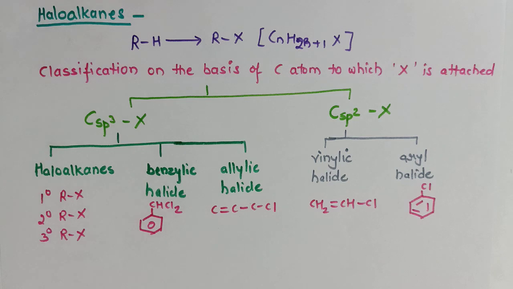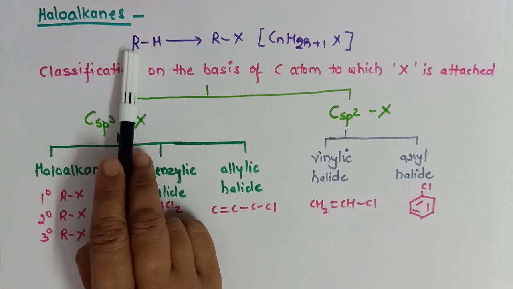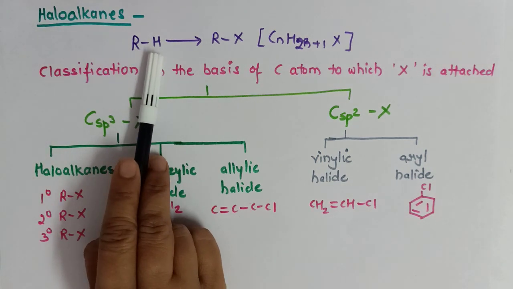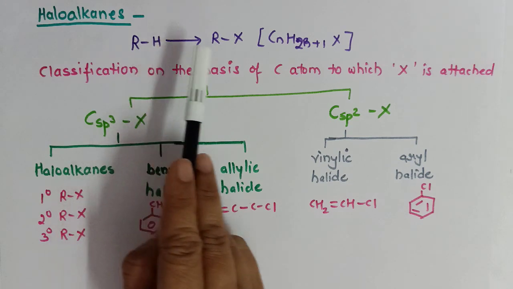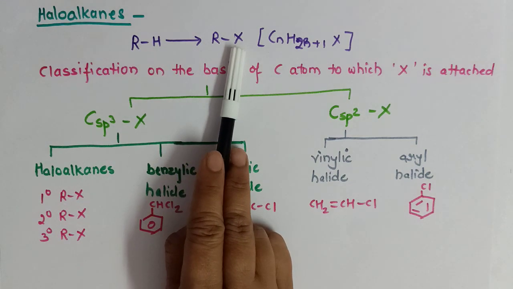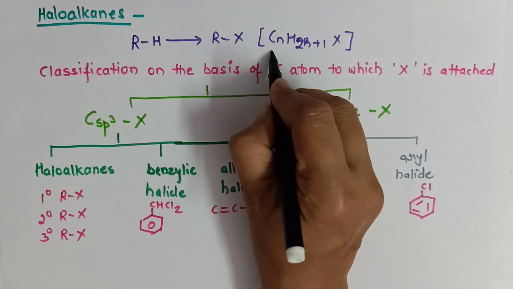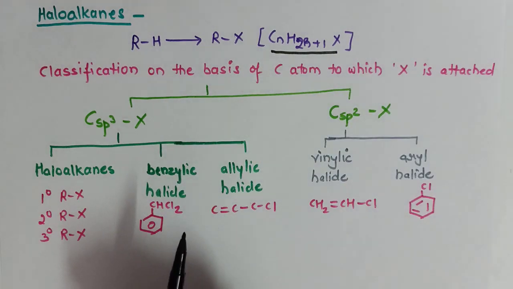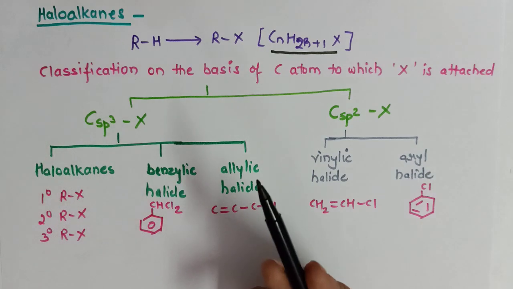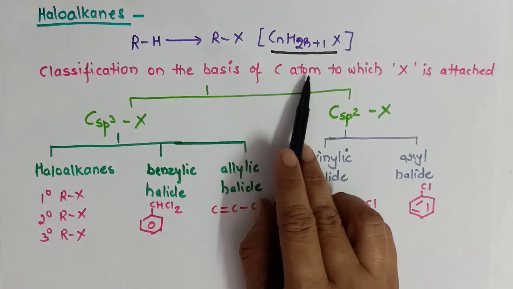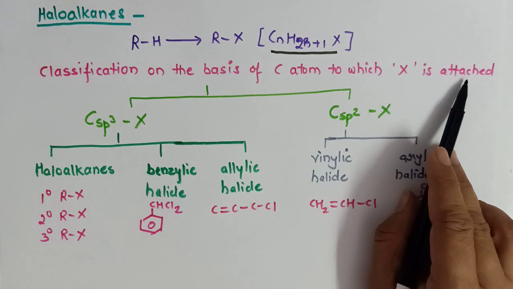So what are haloalkanes? Haloalkanes are the substitutions or the derivatives of alkanes in which one hydrogen atom is replaced by one halogen atom, or I can say its general formula is CnH2n+1X. Now the haloalkanes can be classified on the basis of the carbon atom to which halogen is attached.